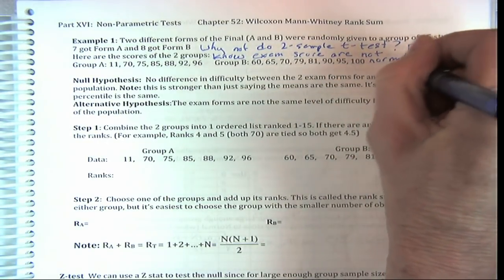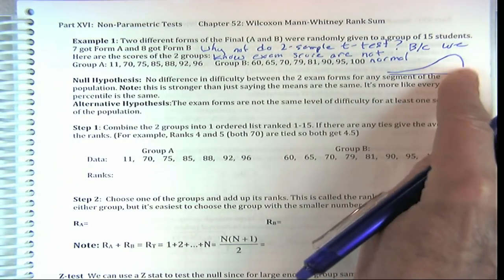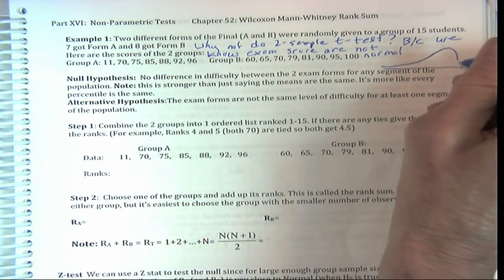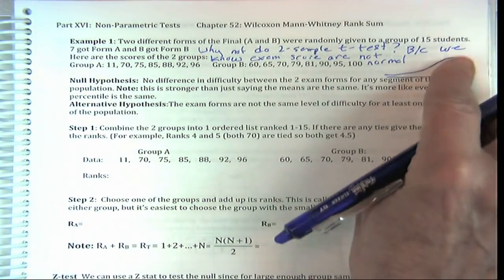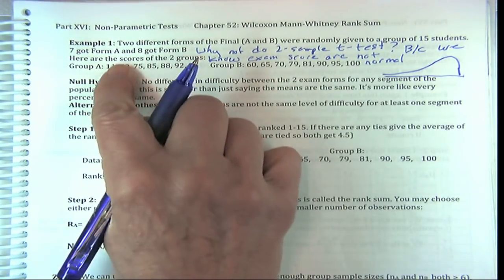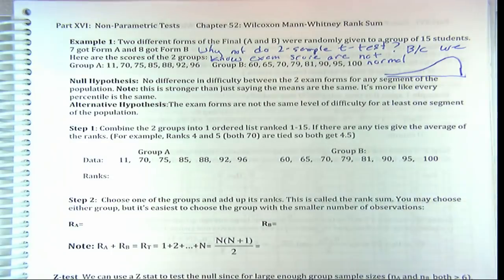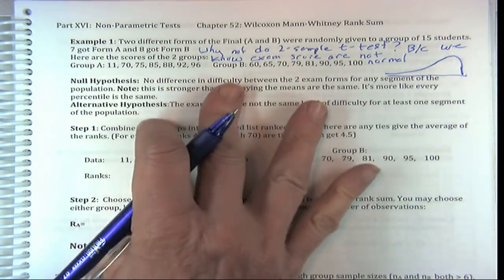They always look like this. They're capped at 100, you can't go over 100, and lots of people get A's and B's, and very few get way down here. That's a long tail.